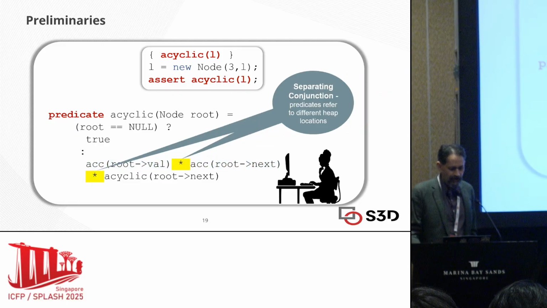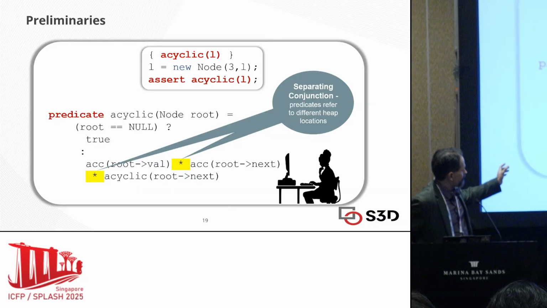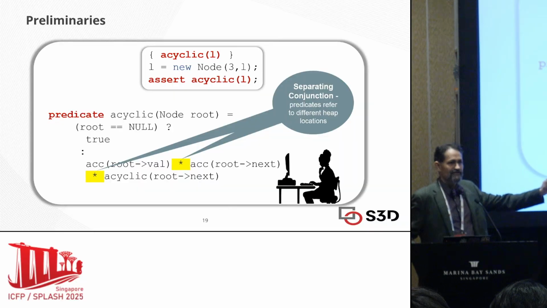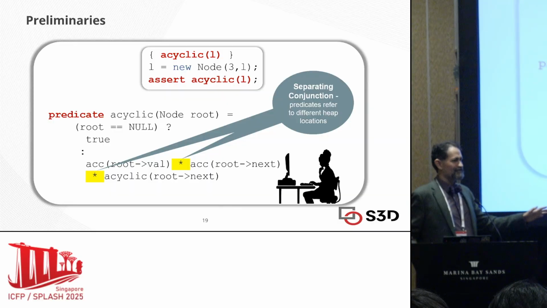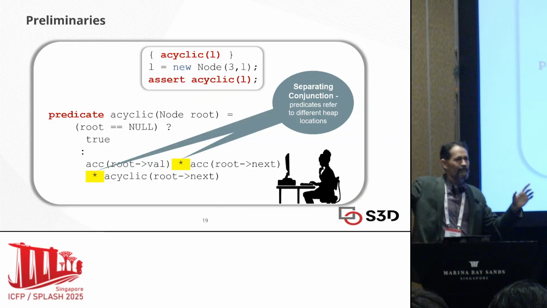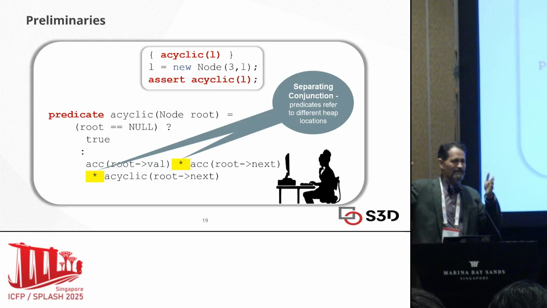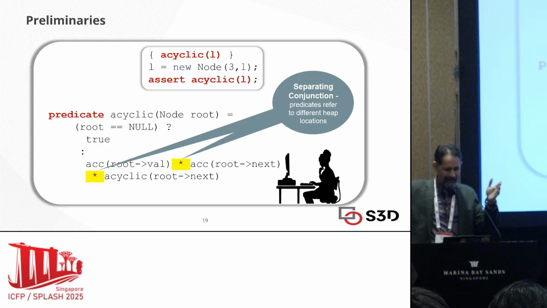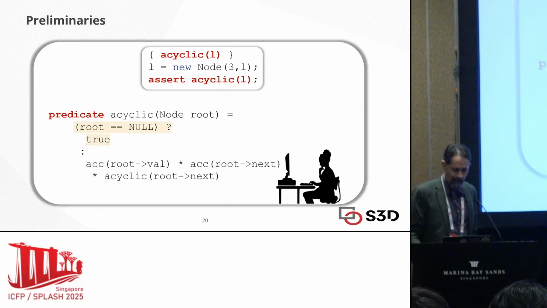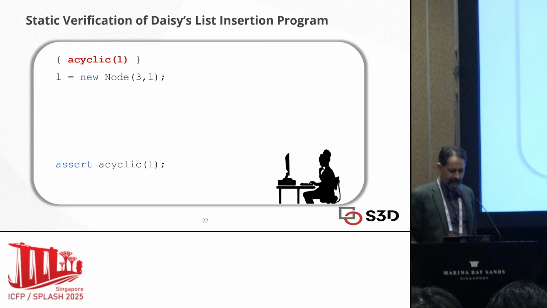We have a separating conjunction that says these fields are all different, and importantly, the access to this first node in the linked list is separate from the acyclic of the rest of the list, right? And so that's how we know the list is acyclic, right? The first node is different from all the rest, and the rest is acyclic too, and so iteratively you get that the whole thing is acyclic. Okay, so that's that specification. Now we can see how we use it, right?